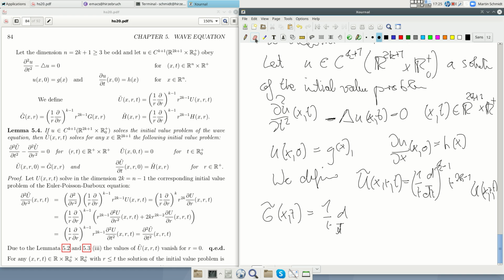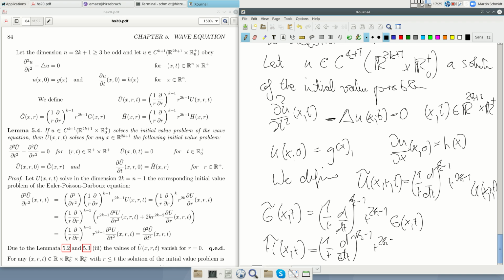We apply this operator, d by dr to the power k minus 1, r to the 2k minus 1, to g of x, r, and the same for h tilde of x, r: 1 over r d by dr to the power k minus 1, r to the 2k minus 1, h of x, r.